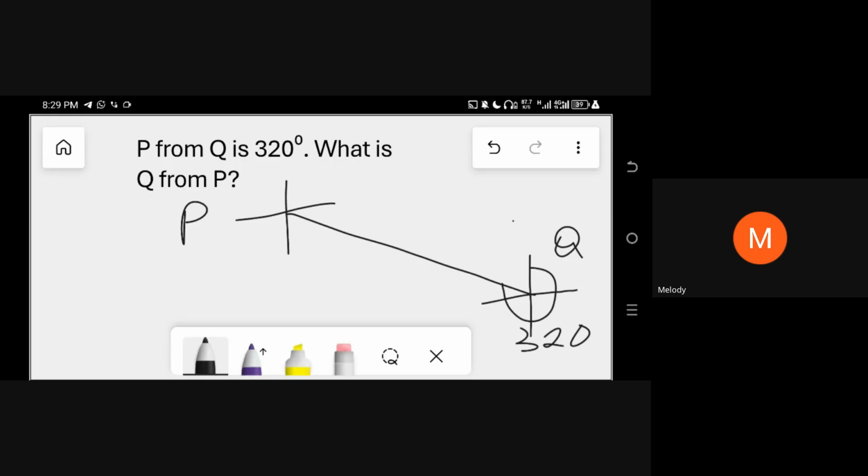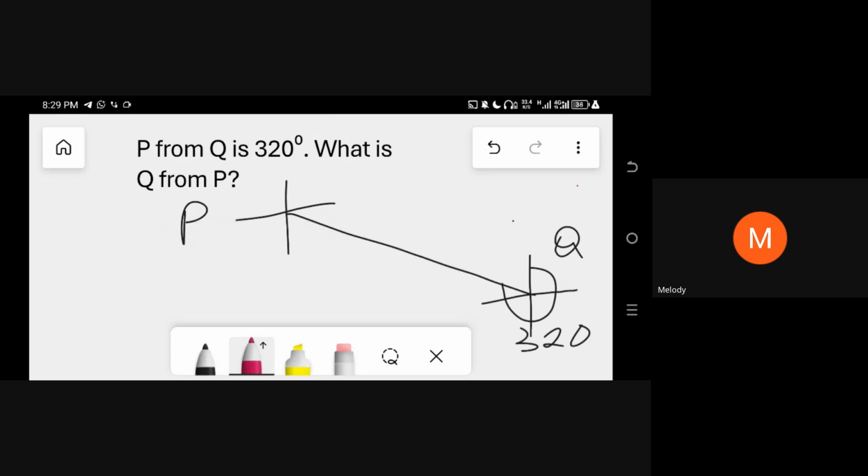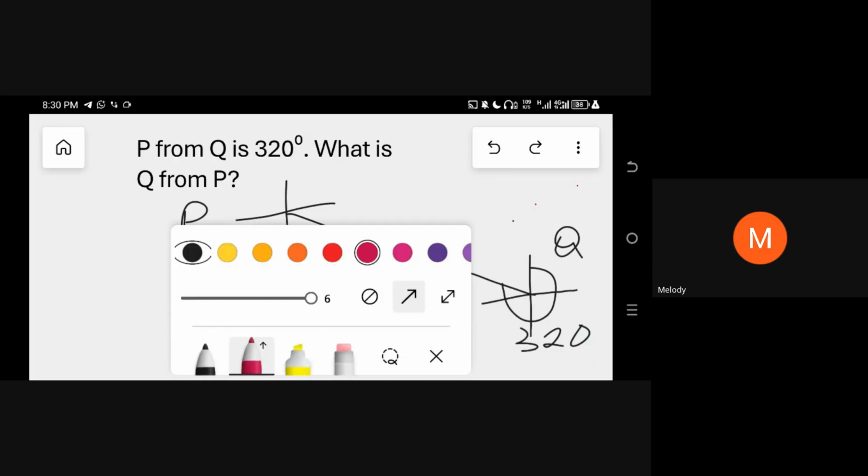So we have 320 degrees, and remember that we prefer using the smaller angle. Let us get this small angle. That angle I'm marking with red. Yes, I think 50 as well.